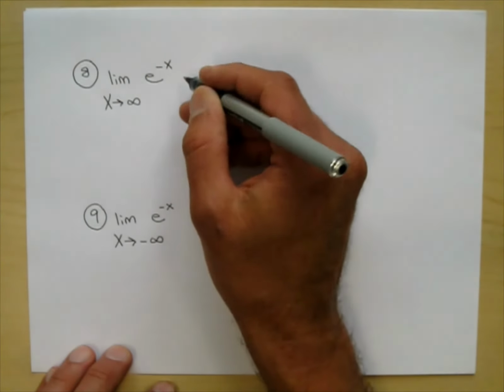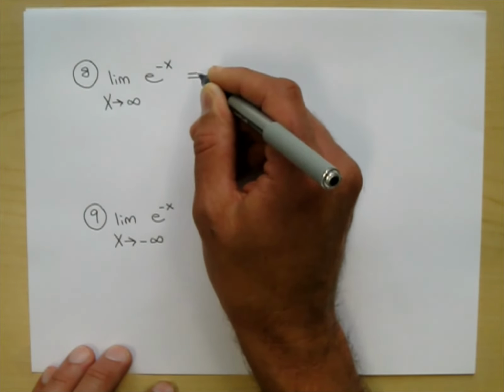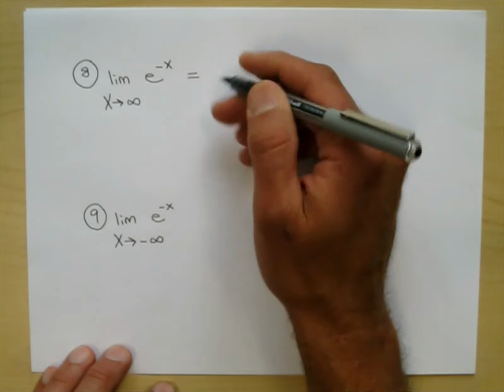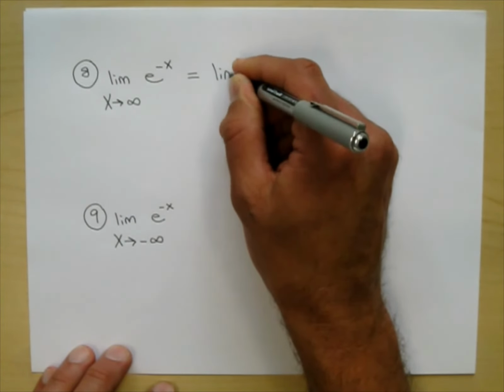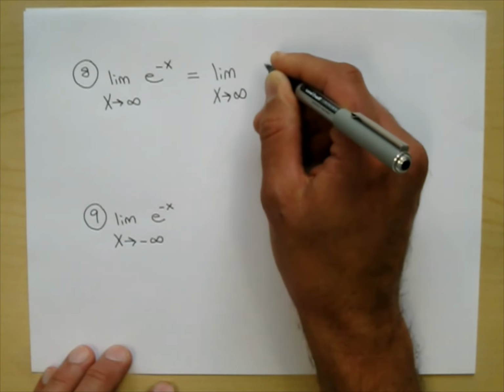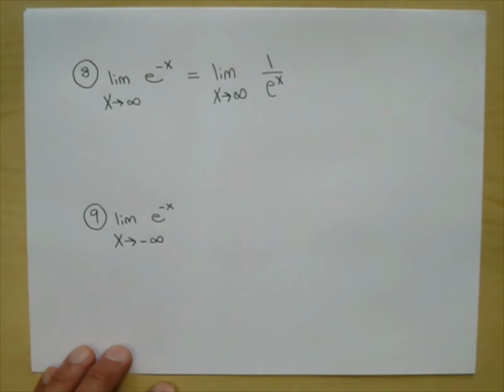Okay, so number 8 looks like this. I'm going to rewrite this expression. So limit as x approaches infinity, I'm going to write this as 1 over e to the x.